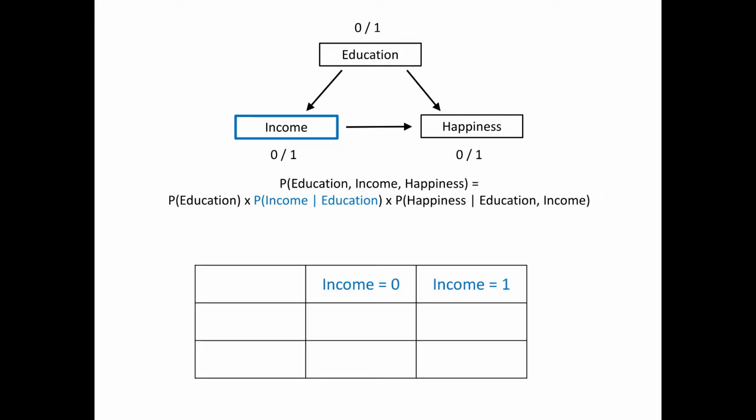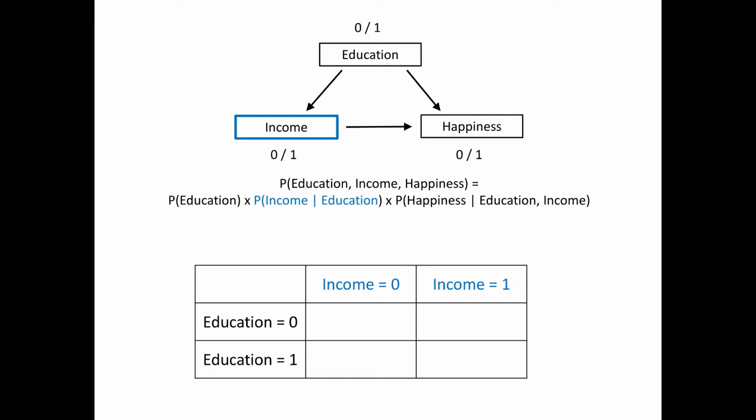First, we determine that the conditional probability table for income has two columns, given that income can take two values, 0 and 1. Next, given that education is the only variable in the conditioning set, and education can take two values, the table will have two rows, one for each value education can take.